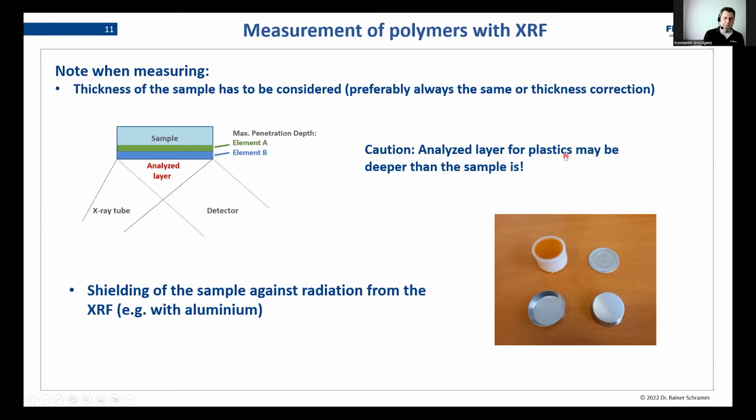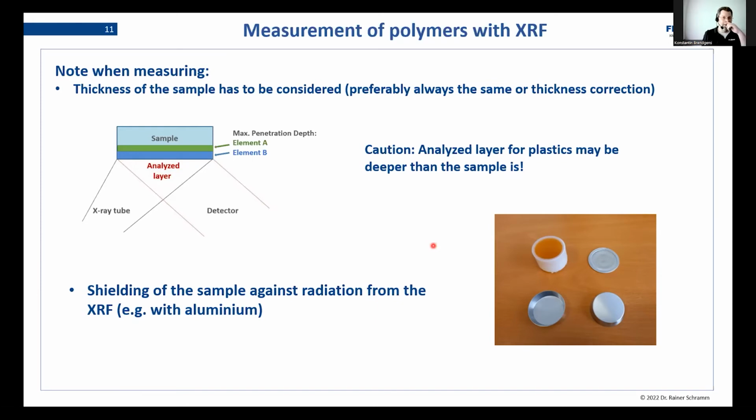Also important is that actually the sample might be too thin. We have to keep in mind that our machine is built of parts and elements that might actually be detected through the sample. As a simple example, we had a polymer measurement and we always found a lot of lead, simply because the shielding of the X-ray chamber is made out of lead.